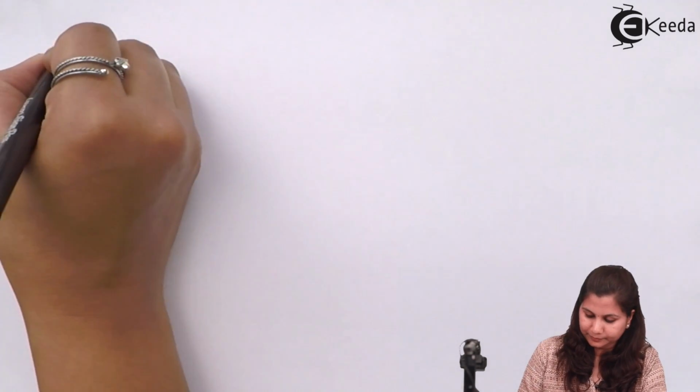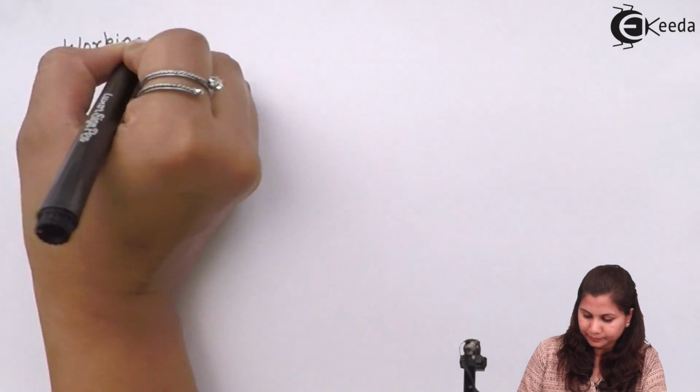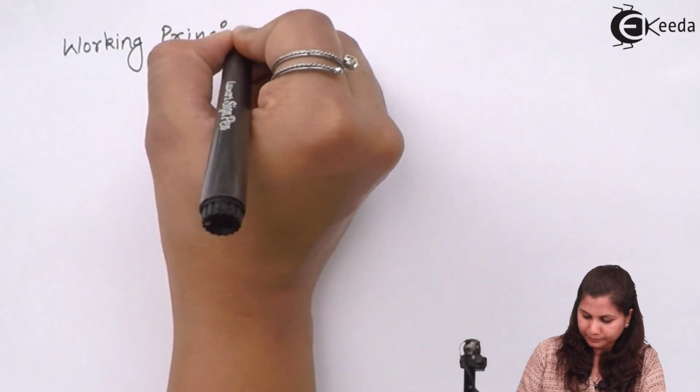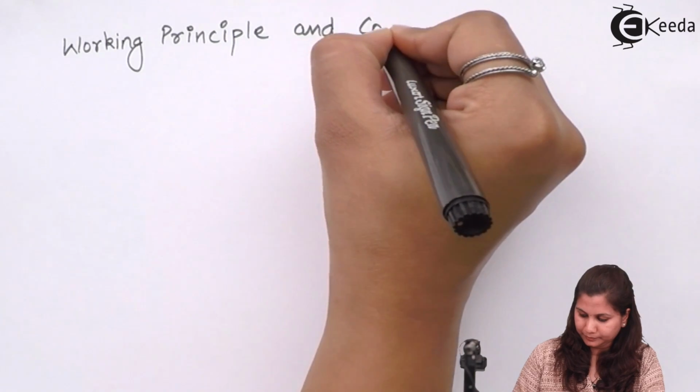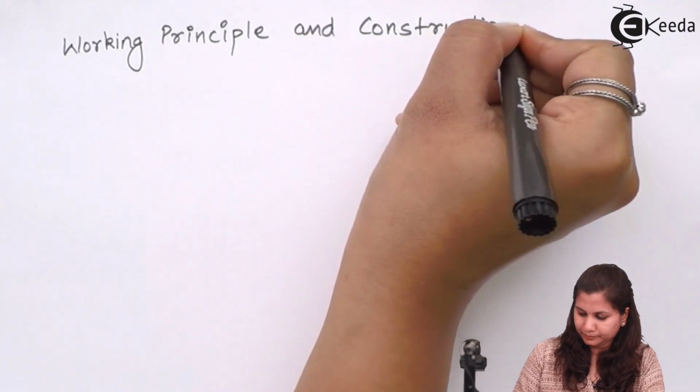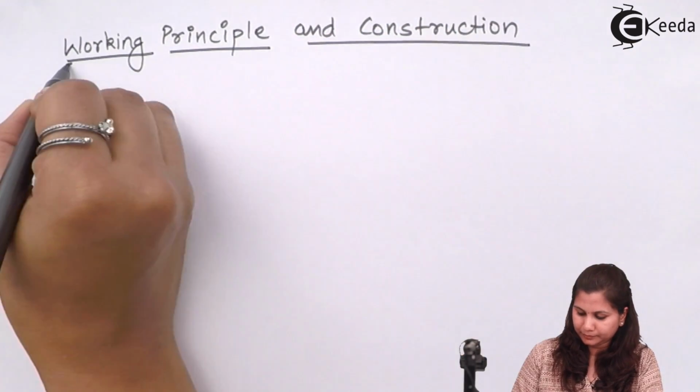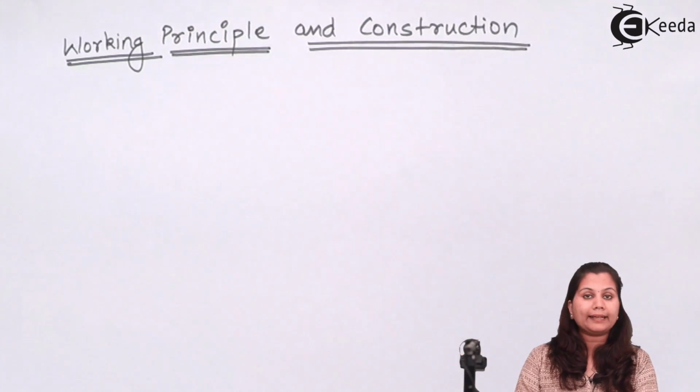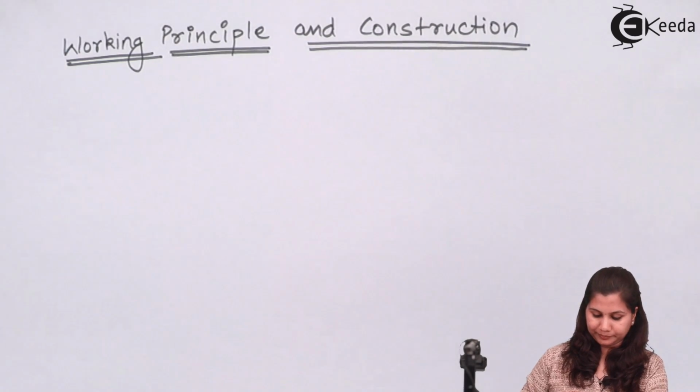Now let's come to the construction and principle of working of analog multimeters. An analog multimeter is basically a permanent magnet moving coil instrument.